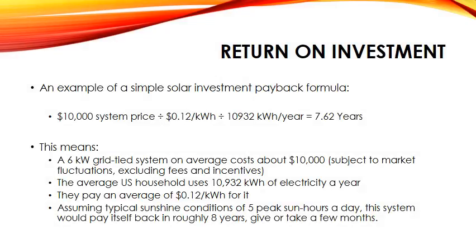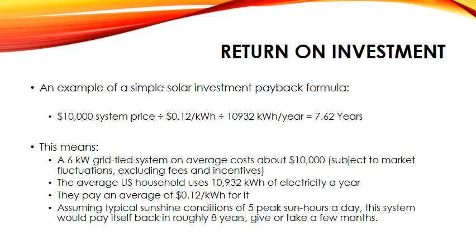Here we have a simple solar investment payback formula. This means a 6 kilowatt grid-tied system on average costs about $10,000. And that's obviously subject to market fluctuations, including fees and incentives, tax breaks, and so on.